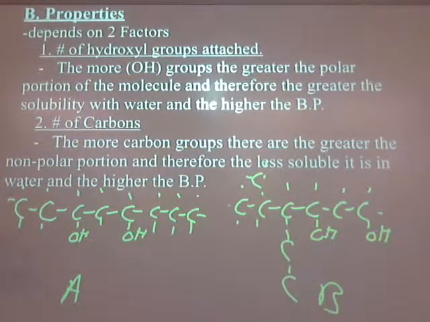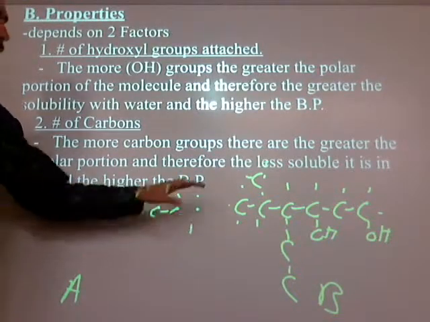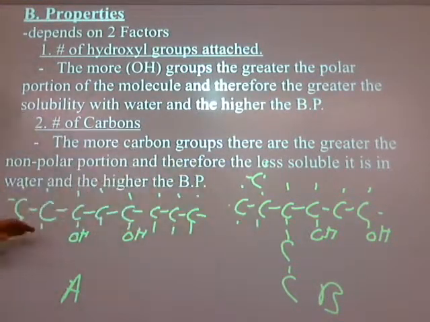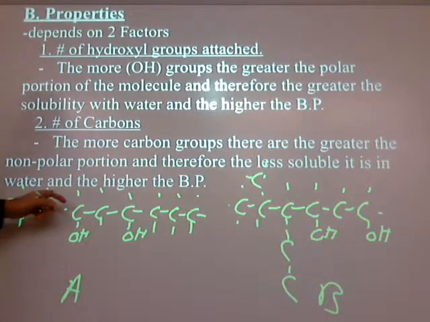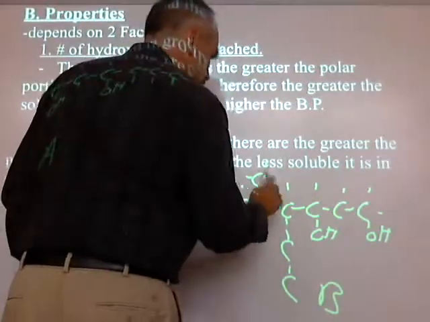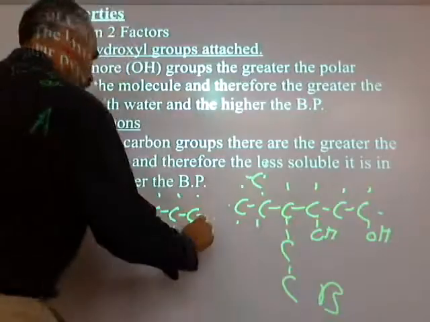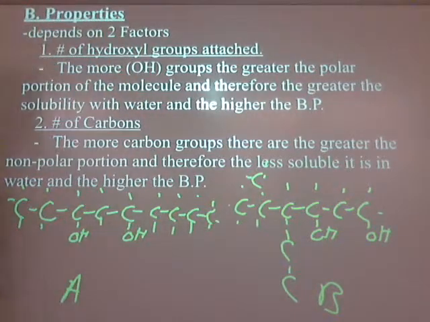Probably can't ask you who's more soluble, because I purposely drew the same number of carbons in both, and the same number of OHs in both. So it'll be a tough question to ask you that. But I can ask you who has a higher boiling point, A or B. Oh, I meant to have the same number. Don't I have 1, 2, 3, 4, 5, 6, 7, 8? 1, 2, 3, 4, 5, 6, 7, 8. Well, I should have one more like that. Okay. All right. Sorry.